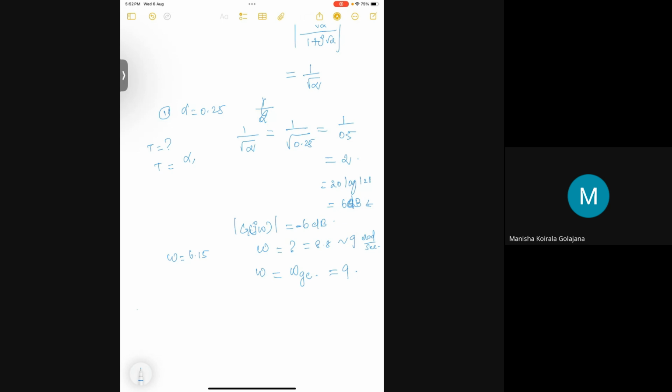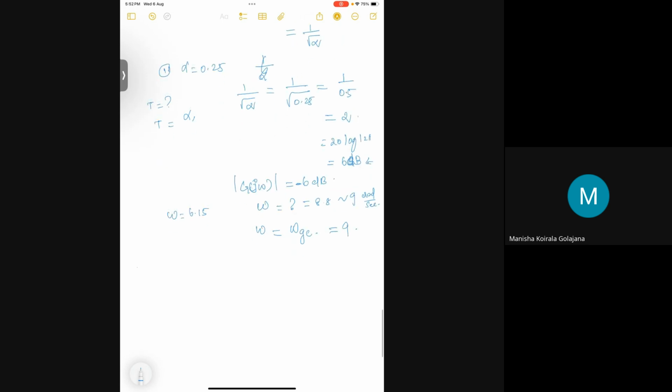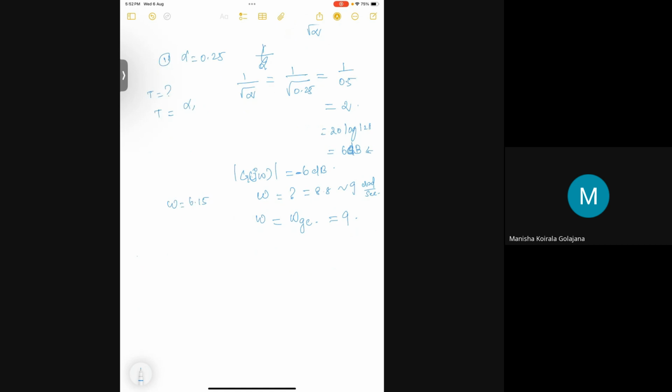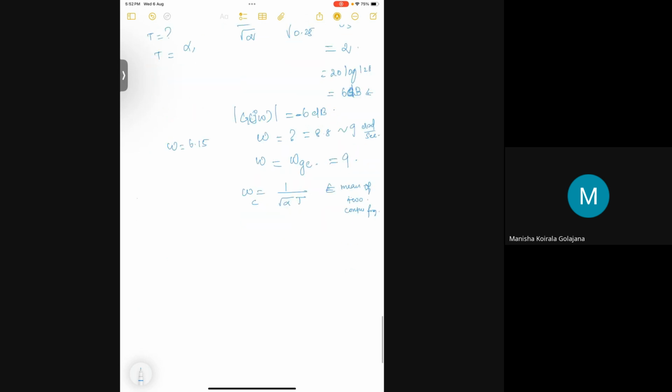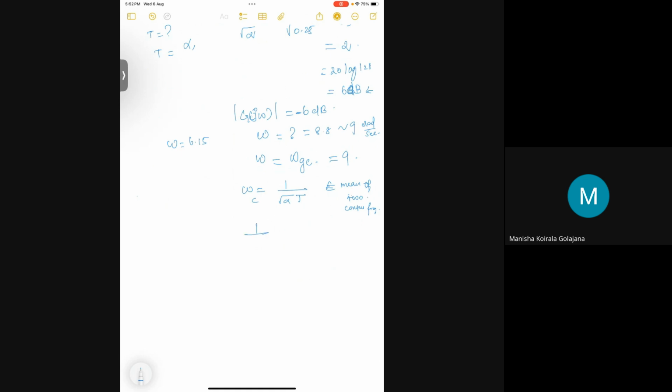Now, omega we have considered is 1 by root alpha T, that is the mean of the two corner frequencies. This is also omega c. So we know the relation between this omega c and 1 by T is root alpha into omega c.